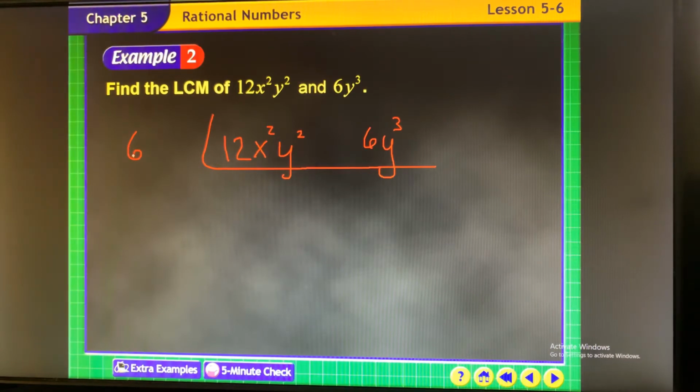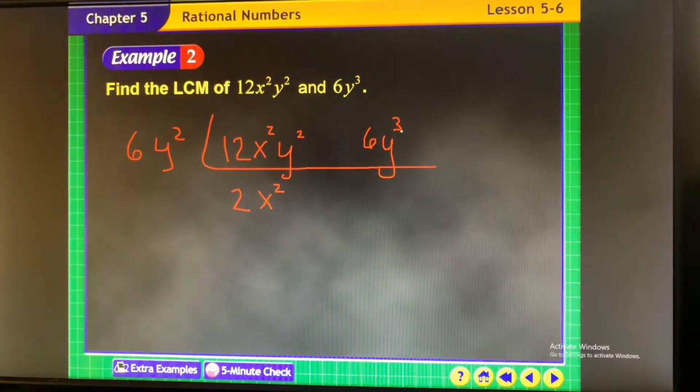None. What's the greatest amount of y's? y squared. Okay, that's my GCF. Not done. So 6 goes into 12 twice. I still have an x squared. 6 goes into 6 once, so I'm done with that. I took 2 y's out, so I have 1 y left here.